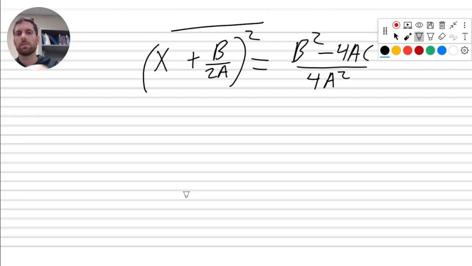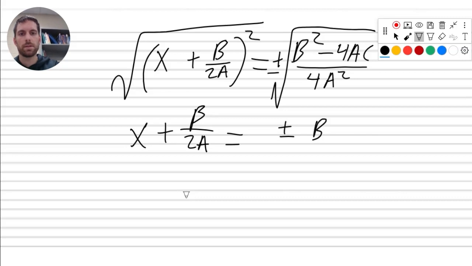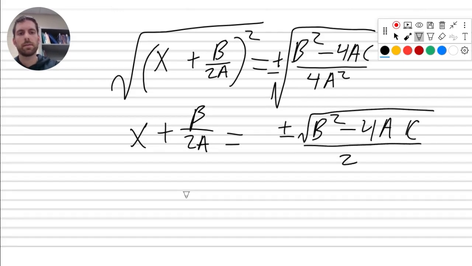And then we take the square root of both sides. And when we do that, we want a plus minus here. And nicely, if we do that, we're going to get x plus b over 2a equals plus minus the square root of b squared minus 4ac, all over 2a, because that 4 and that a will go down.